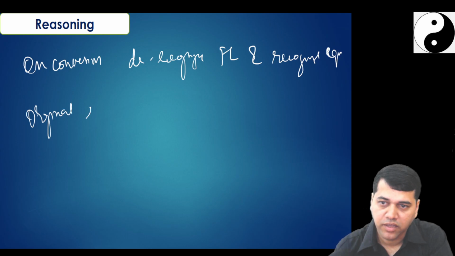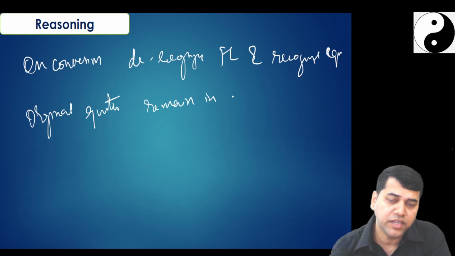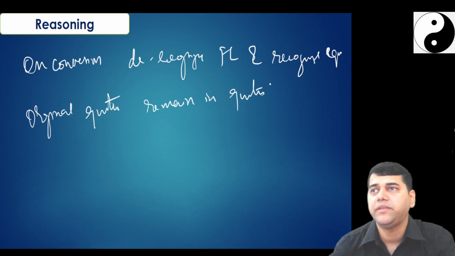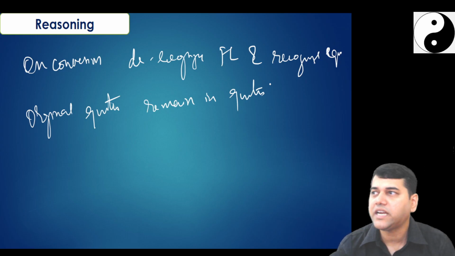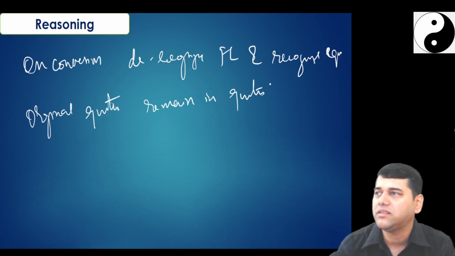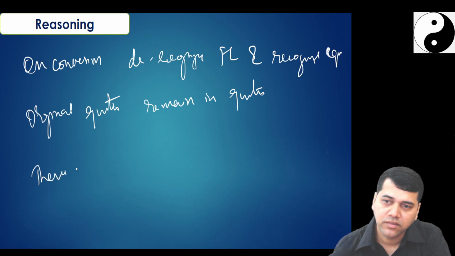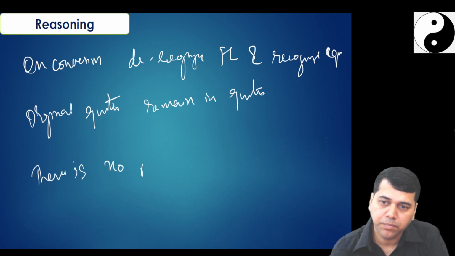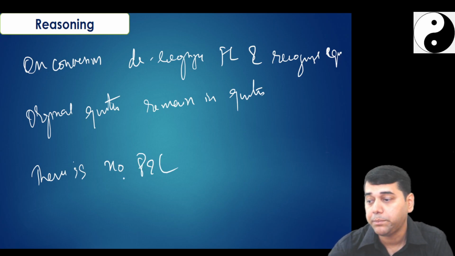Original equity will remain in equity. Previously it was equity, that option value. You debited it and credited where? Share premium or equity. There is no P and L. In this process, you will never calculate P and L.